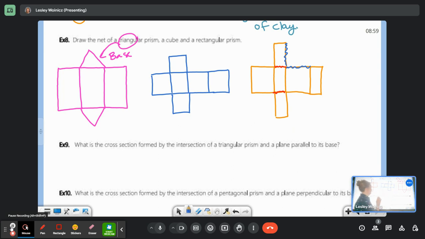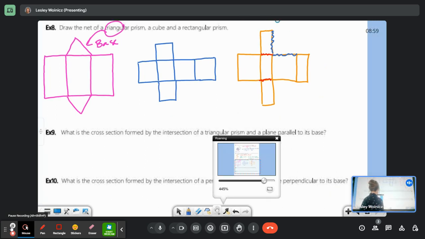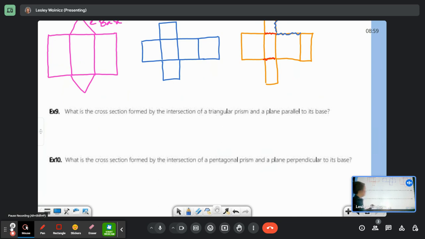Right. Okay. All right, what is our cross section made by the intersection of a triangular prism and a plane parallel to the base? So remember that the base is a triangle. If you need to, you can draw a little picture.